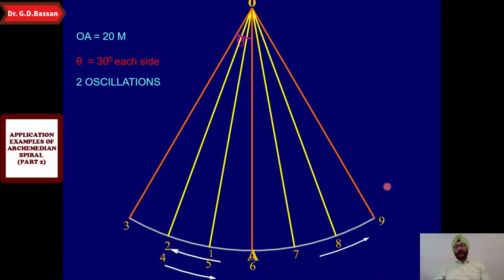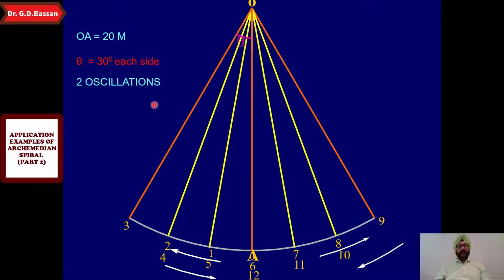So that is the extreme end on the right-hand side. Again it moves back to the position of OA, give the numbering 10, 11 and 12. So when the rope moves towards one end, towards the other end and comes back to the original position, one full oscillation has 12 equal divisions.